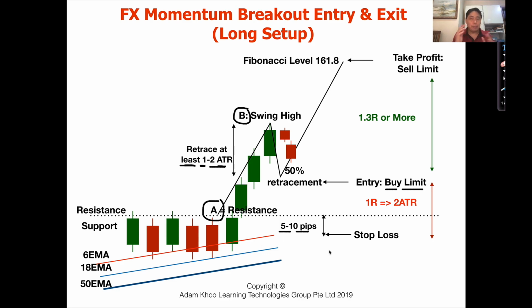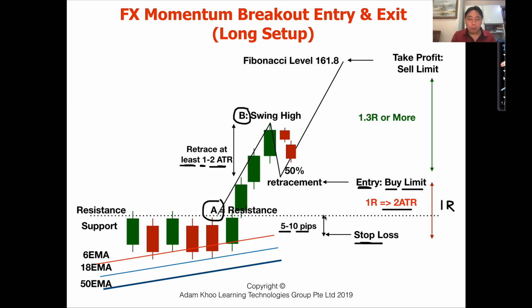Now, some of you may be asking, so do I use 5 pips or do I use 10 pips? When do I use which one? It depends, okay? We always want to make sure that the distance between your entry price and your stop loss price, we call that the 1R. Recall that? Now, always ensure that your 1R, your stop loss distance, is at least 2 ATR.